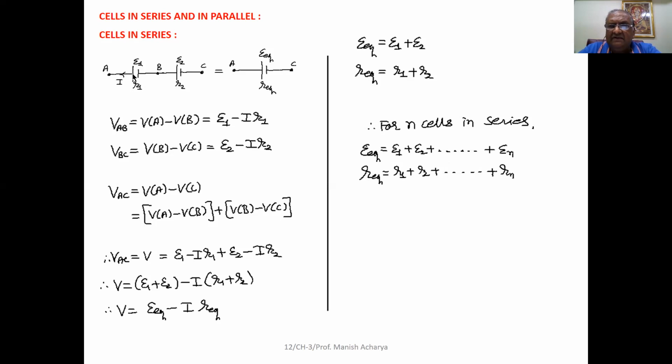It implies that for the first cell it is positive, negative, and then for the second one, the negative terminal is here and the positive terminal is on this side. So in that particular case, you have to write E1 minus E2 like that. So remember this thing, this E equivalent, E1 plus E2 plus E3 up to En, is the algebraic summation. Clear to all of you?